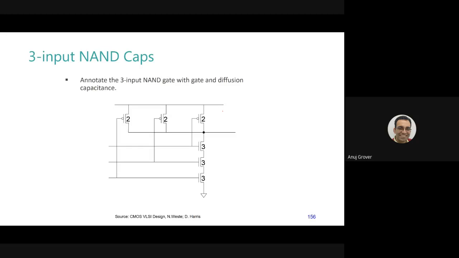What would happen in the case of a NOR gate? What would be the size of the PMOSes there? 3-input NOR gate? Six. It will be the opposite, sir, the PMOS sizes will be bigger.